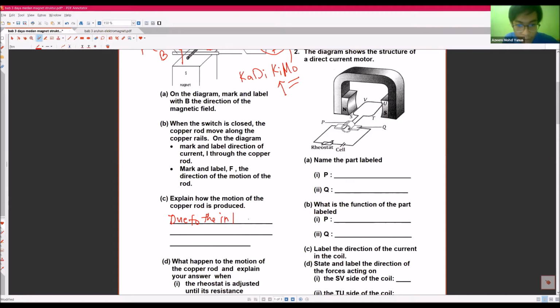The electromagnet, the current-carrying conductor with the magnetic field, produces the catapult field.